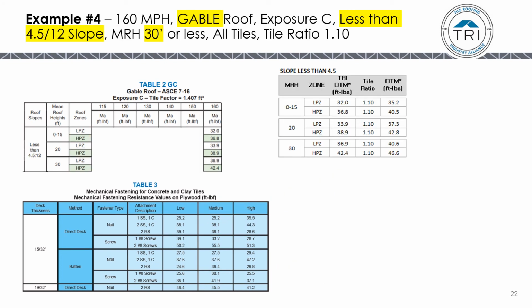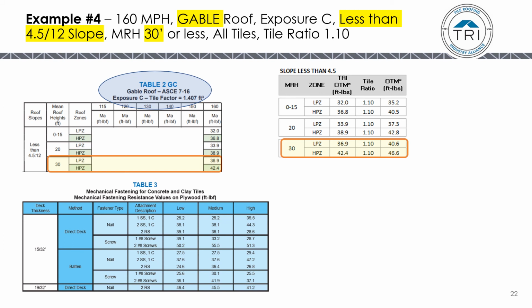In example 4, we'll switch to gable roofs, exposure C. We'll start at less than 4.5 on 12 slope with a mean roof height of 30 foot. We have to go to a new table. We'll go to table 2 GC, gable exposure C, and we'll get those uplift moments from the table.